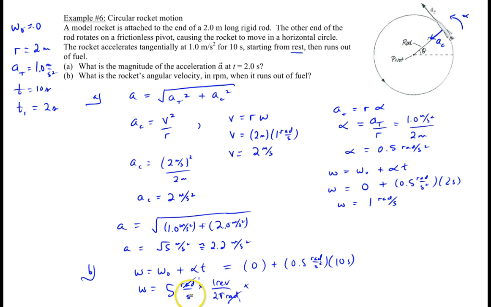But we've got to get rid of seconds, so we have minutes. In 1 minute, we have 60 seconds. So the seconds on the top will cancel with the seconds on the bottom. So we'll really have 5 times 60 divided by 2 pi. And that gives you 48 revolutions per minute, or sometimes people abbreviate this as RPM. And that's it for this example.